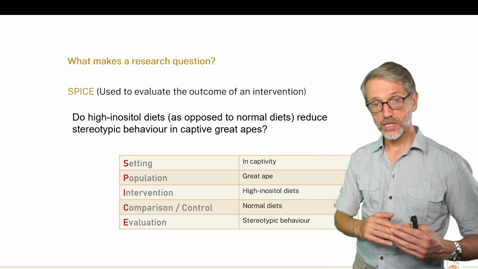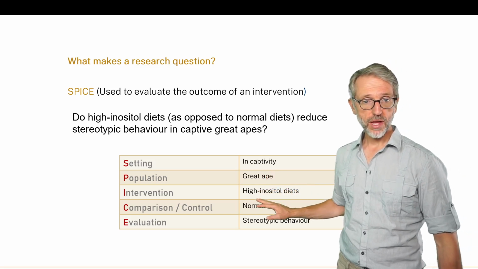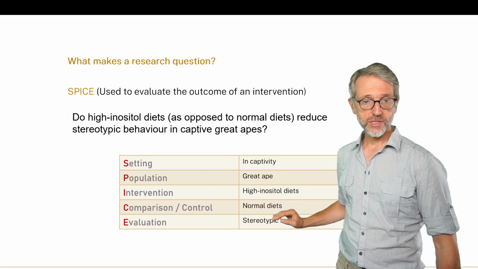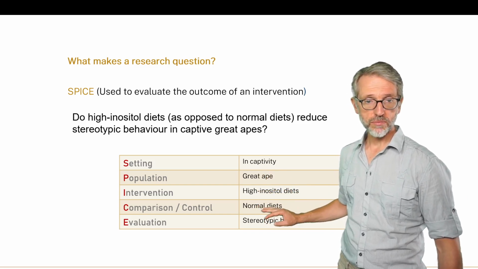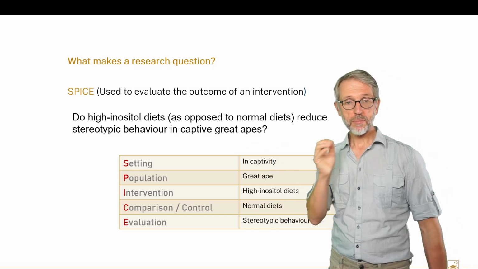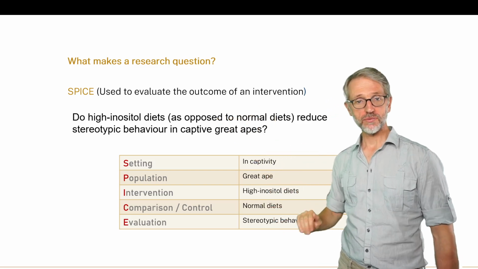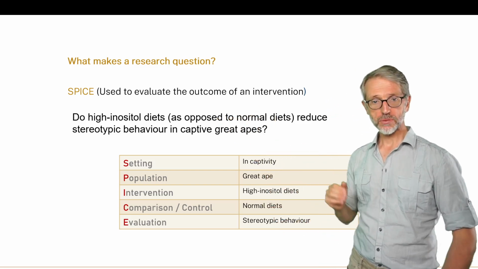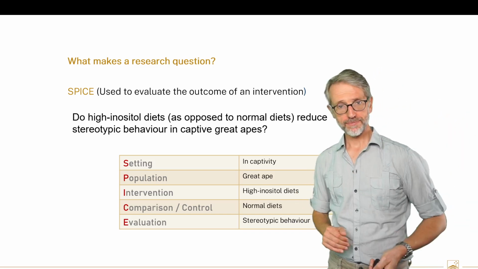So we are looking to intervene. So the setting is in captivity. We have great apes. We have high inositol diets. We're making a comparison or a control, but we're not making a comparison between things. We're intervening relative to that baseline. So we don't have two that we're weighing up. We've got a starting point and then we're intervening.